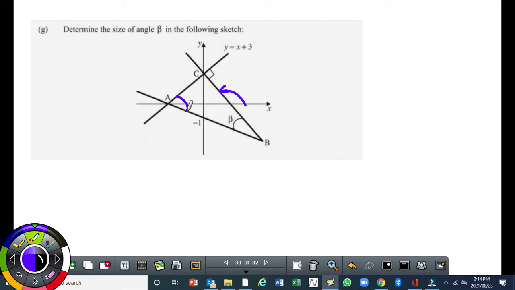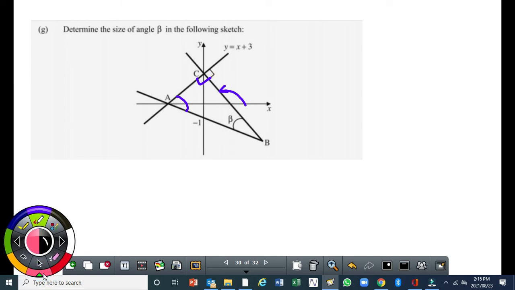But I know that if this straight line, that is BC, is perpendicular to AC, this angle is going to be 90 degrees, right? But our angle of inclination with a positive gradient is going to be this angle here, right?